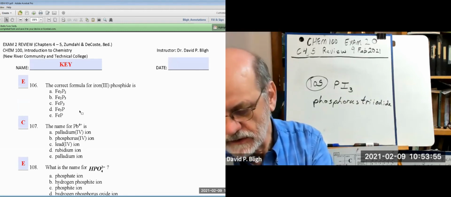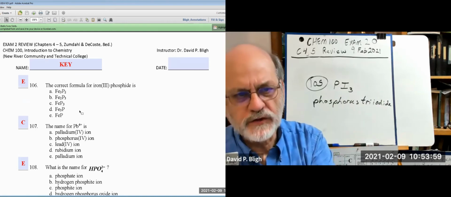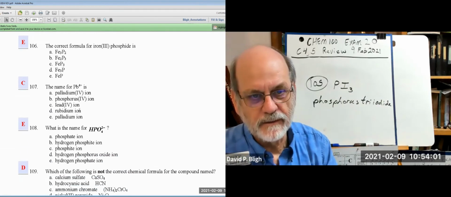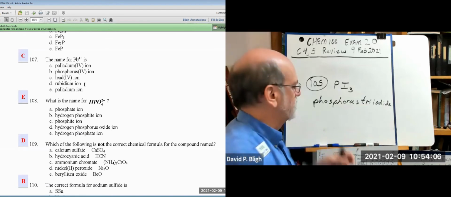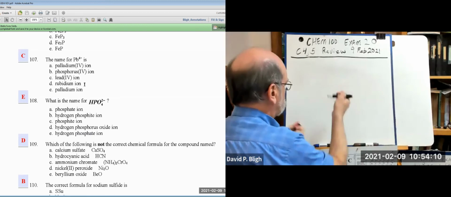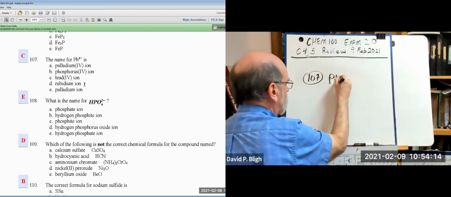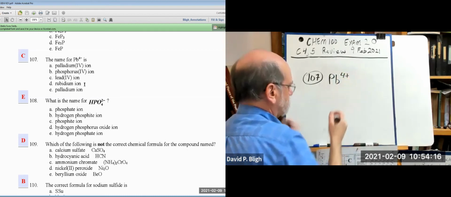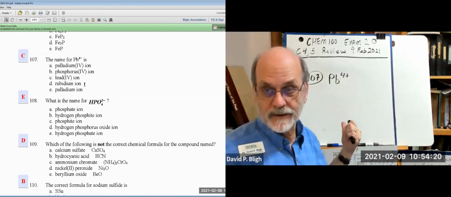Next page. Let's see here. 107. Let's take a look at that one. So what's the name for Pb4 plus? Well, that's an ion, isn't it?